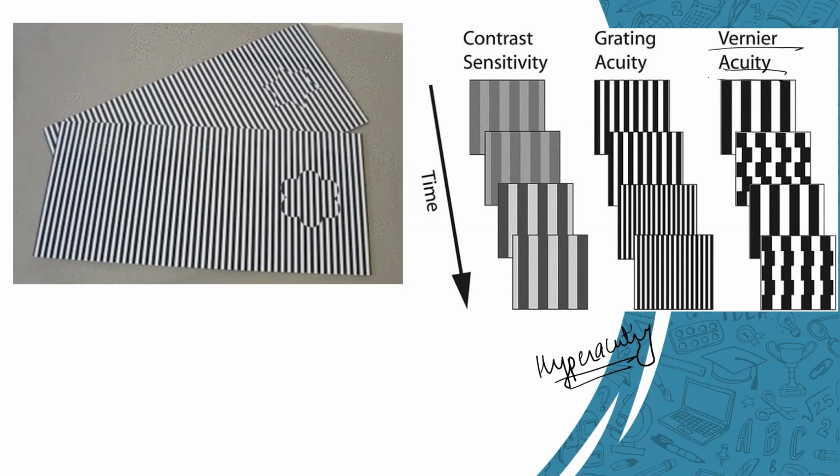This is more acute and more important than the grating acuity, because usually people are able to resolve these things, but this slight misalignment is often missed out, and vernier acuity might be absent in certain diseases too. This is also a chart for measuring the vernier acuity, and you see this is quite difficult in patients such as amblyopia and other diseases.